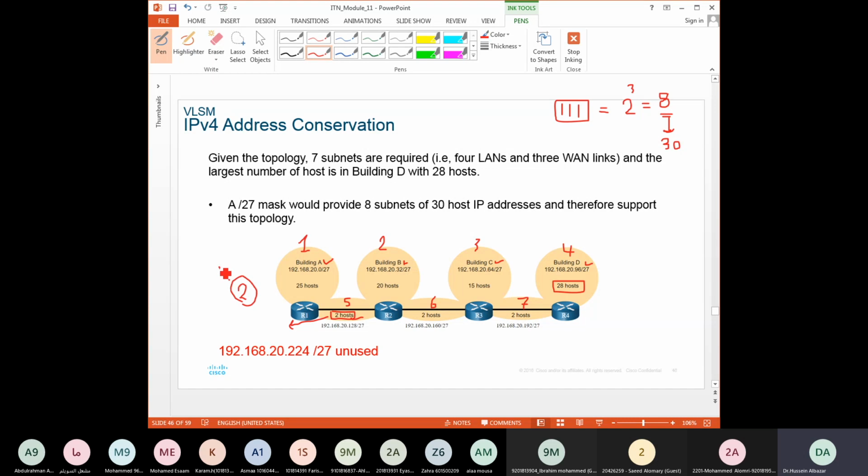And how many hosts have we wasted? 28 unused host addresses. Same concept here, 28 unused host addresses, 28 unused host addresses. Also, we have 1 subnet that is not used at all.